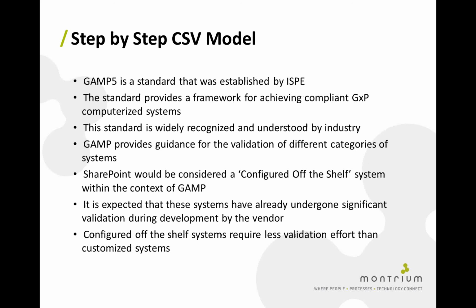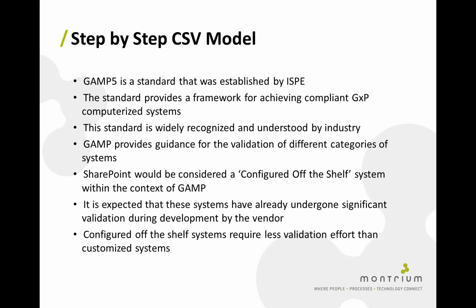So let's now talk about computer systems validation and what we call the CSV models. Within our industry, most companies typically use the GAMP standard, so it's Good Automated Manufacturing Practices, and we're actually currently at version 5, and this is really a framework that was produced by ISPE, and it's a framework which allows us to be compliant and achieve compliant GXP computerized systems.